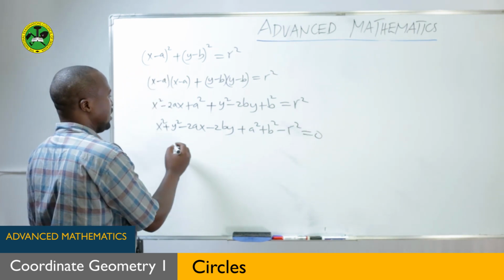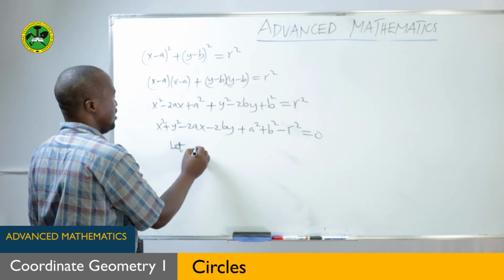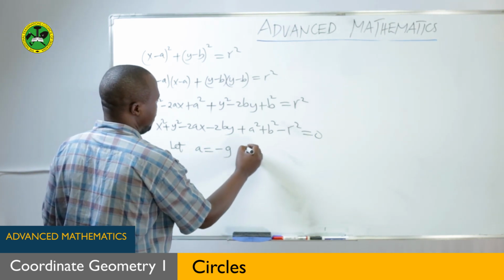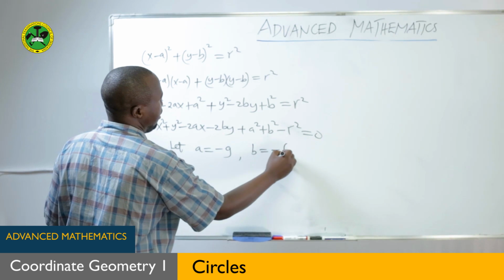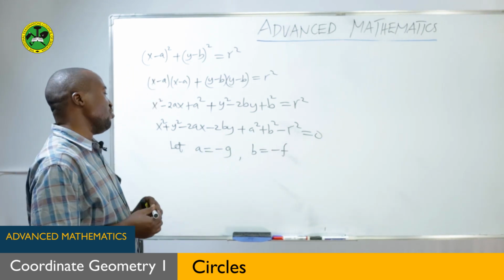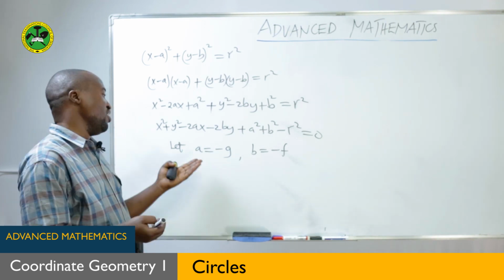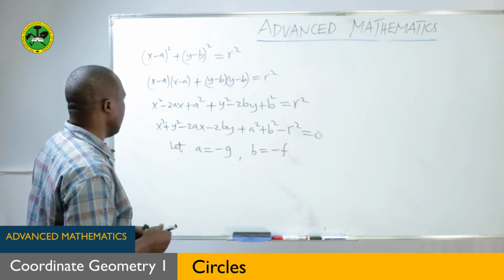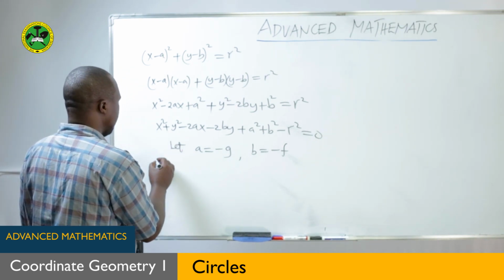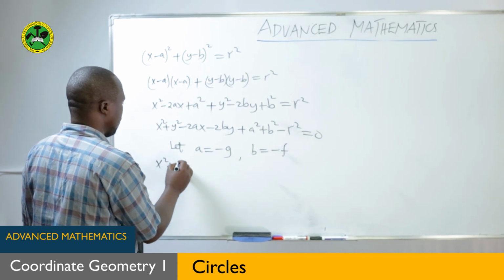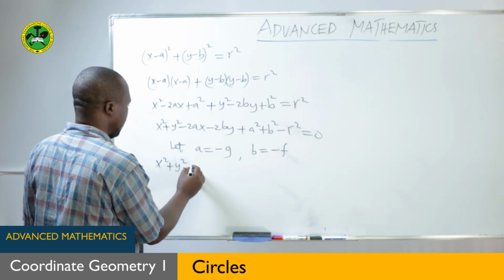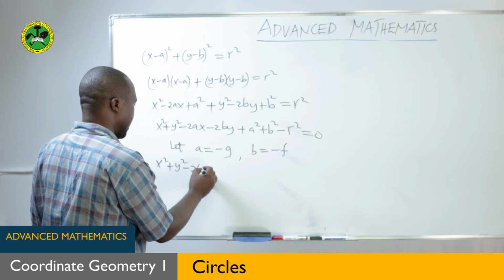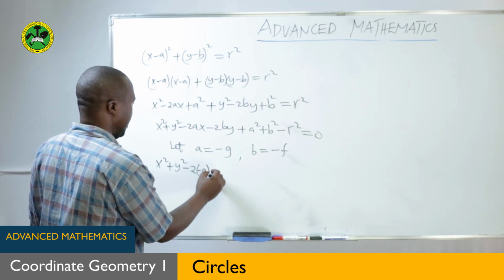So at this point, we just let a be equal to negative g, and again let b be equal to negative f. So let us substitute values of a and b. Instead of a, we have negative g, and instead of b we have negative f. So we are going to have x squared plus y squared minus 2, remember, a is equal to negative g, so here we have negative g x.